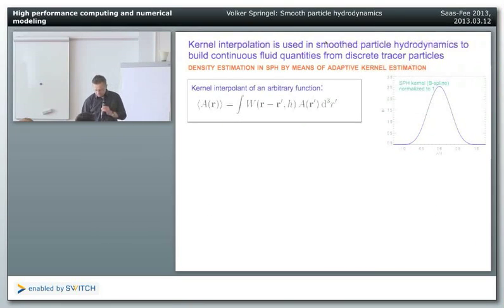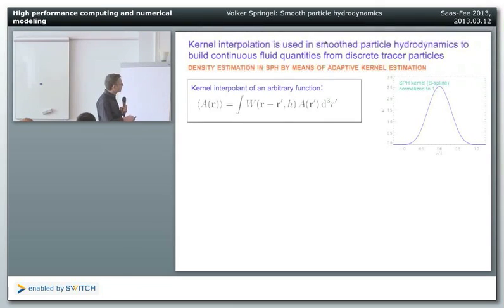So one of the fundamental things that SPH uses is the concept of adaptive kernel estimation. And that's a technique to construct interpolants from a set of discrete points only.